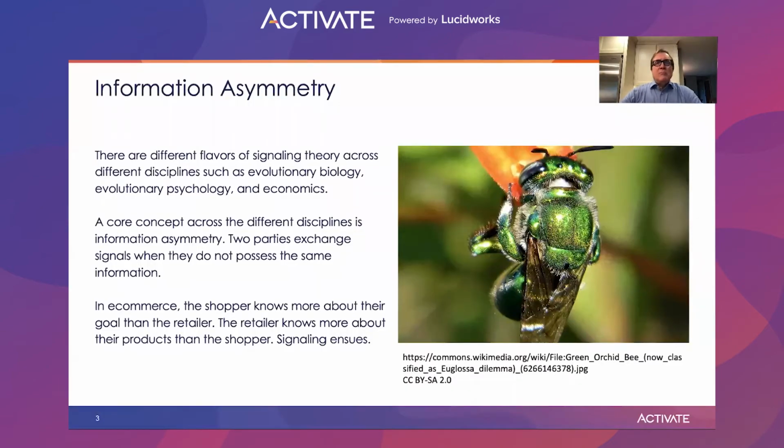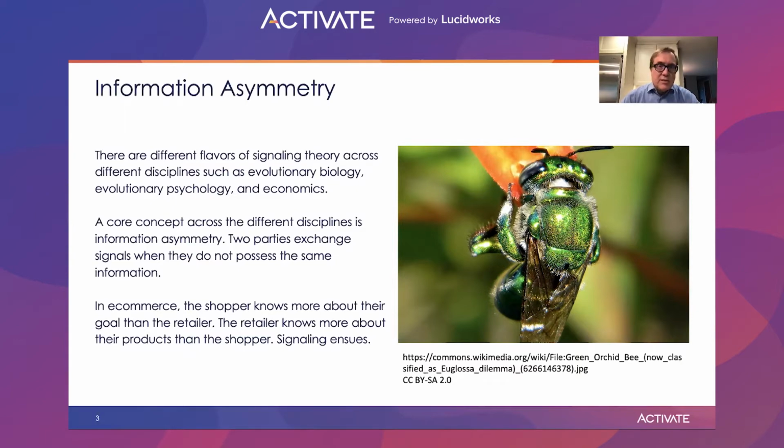So let me start with this idea of information asymmetry. The idea of information asymmetry in signaling theory is that that's the motivator for signaling. One party signals another because the two parties don't share the same information. So, for example, in e-commerce, the shopper knows more about what their goal is, what they're trying to accomplish, than the retailer does.